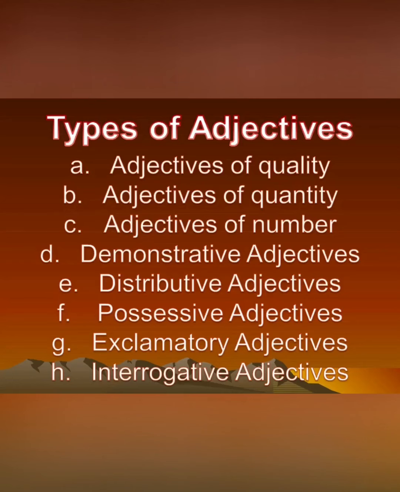Next, we have interrogative adjectives. Interrogative adjectives are basically used to ask questions about nouns or in relation to nouns, like what, where, which, and whose. For example, which is your favorite author? Next, let's see demonstrative adjectives.